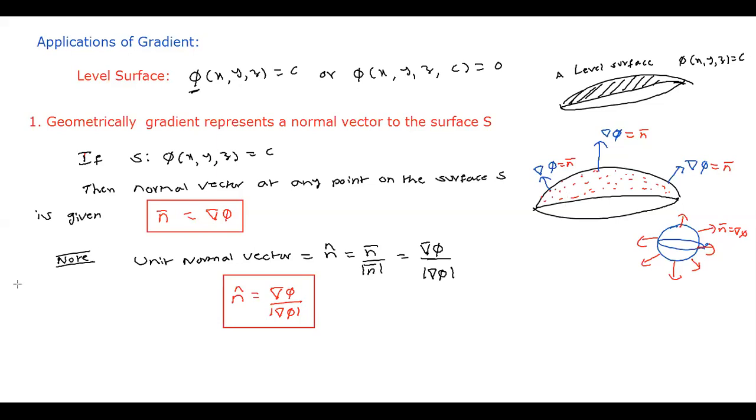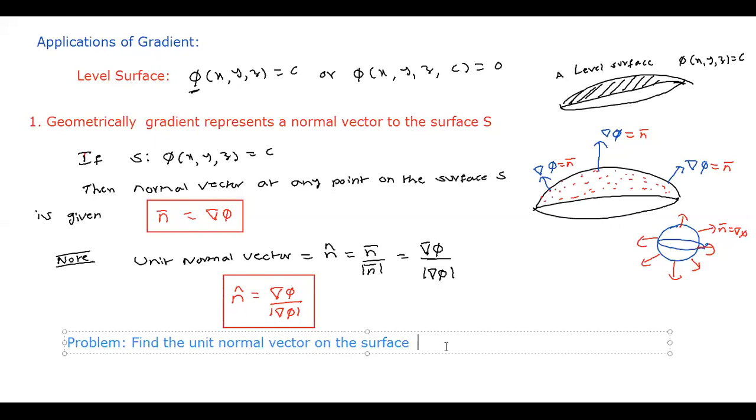Find the unit normal vector on the surface, at the point (2, -2, 3).